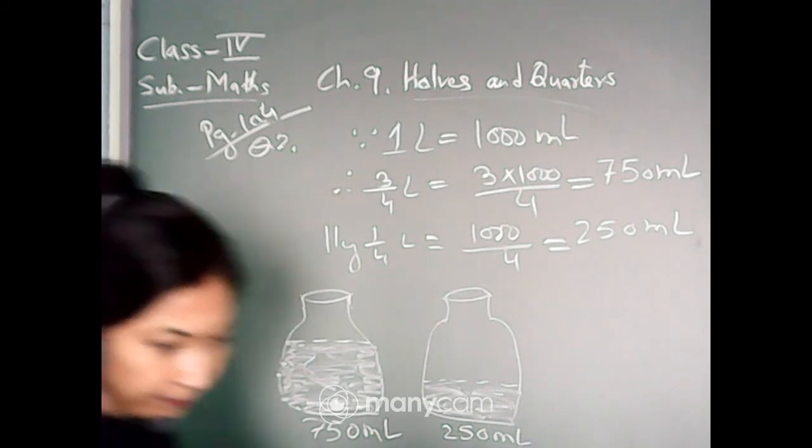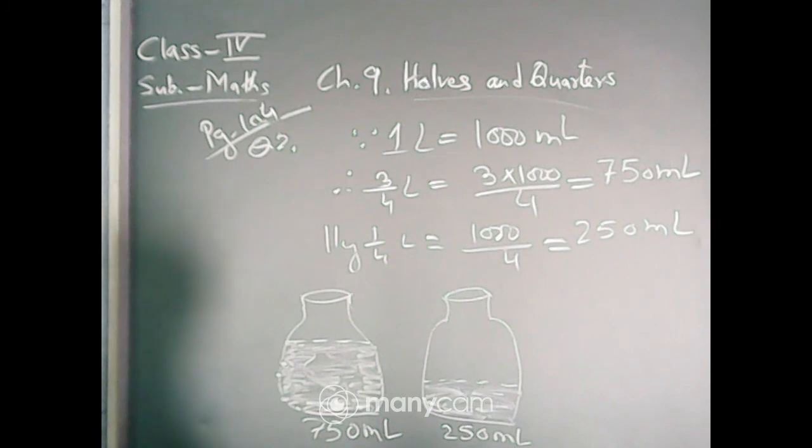Clear? First bottle holds 750 milliliters of milk and second bottle holds 250 milliliters of milk.